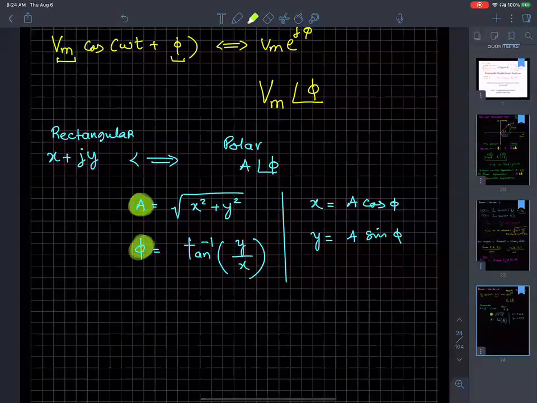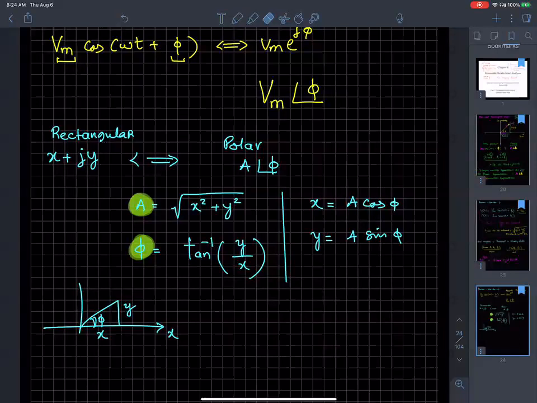Okay, the angle phi, the adjacent part is x, along the x-axis. The imaginary part is y. Therefore, tan inverse of opposite side by adjacent side would give you the angle phi.